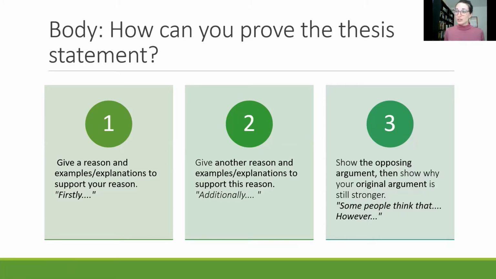There are many others that you could use, but this is a template. And what I find is that when we start writing with a particular structure, it can be difficult to remember how to get started on each paragraph. So it's good to keep a couple of these in your back pocket so that you always have them to refer to. So here in paragraph 1, you'll give, again, that first reason and then give examples and explanations to support that reason.